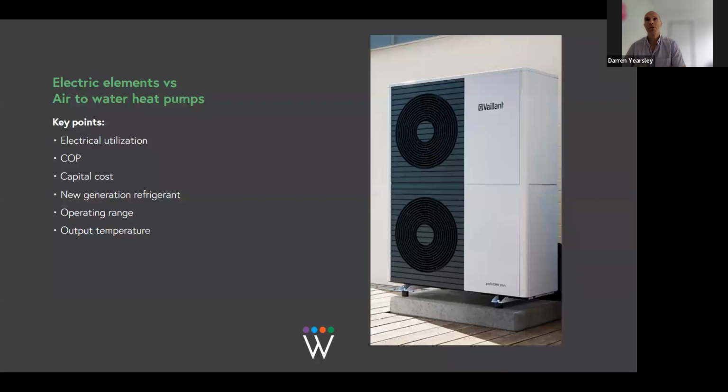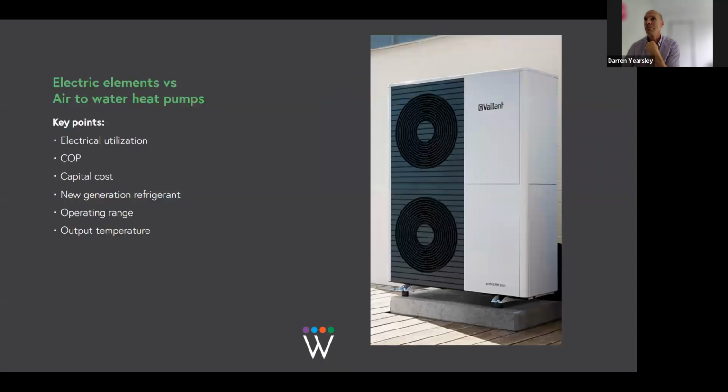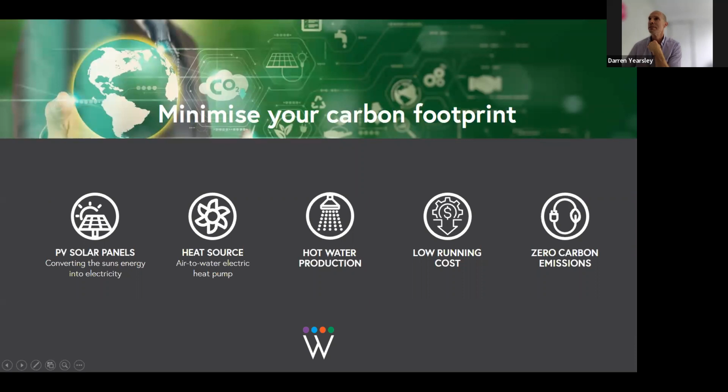Okay, so these are the primary technologies which we're looking at. Here we go. So what we're doing with this net zero project, this net zero solution, is we're taking this high temperature air-to-water heat pump and we're offsetting it with a solar PV array.